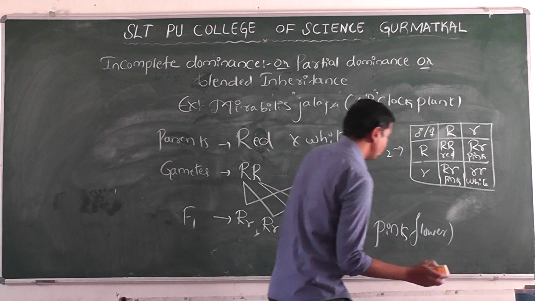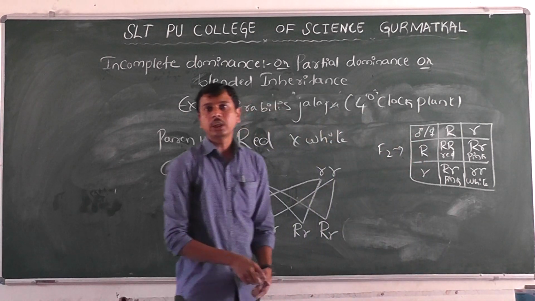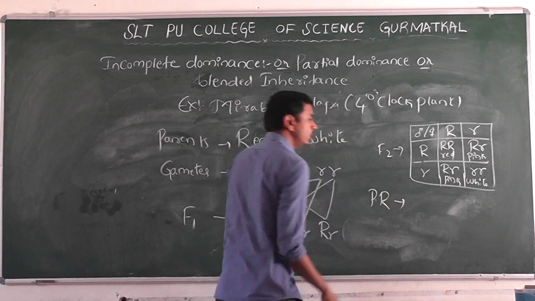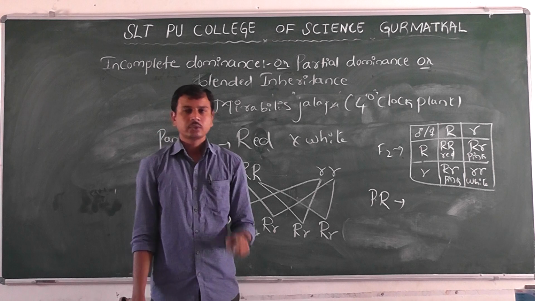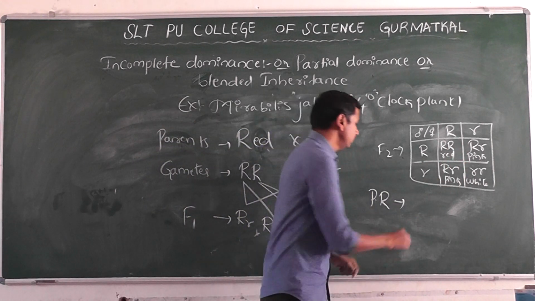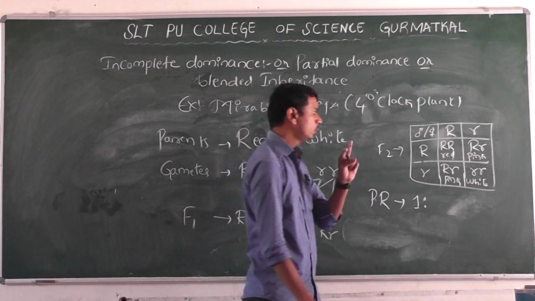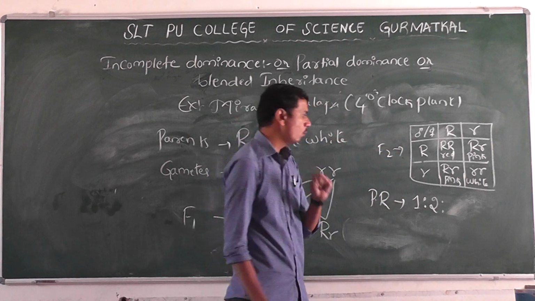So next we have to concentrate on the phenotypic and the genotypic ratio. Phenotypic ratio: in this case, how many red flowers are there? 1. How many pink flowers are there? 2. And how many white flowers are there? 1.